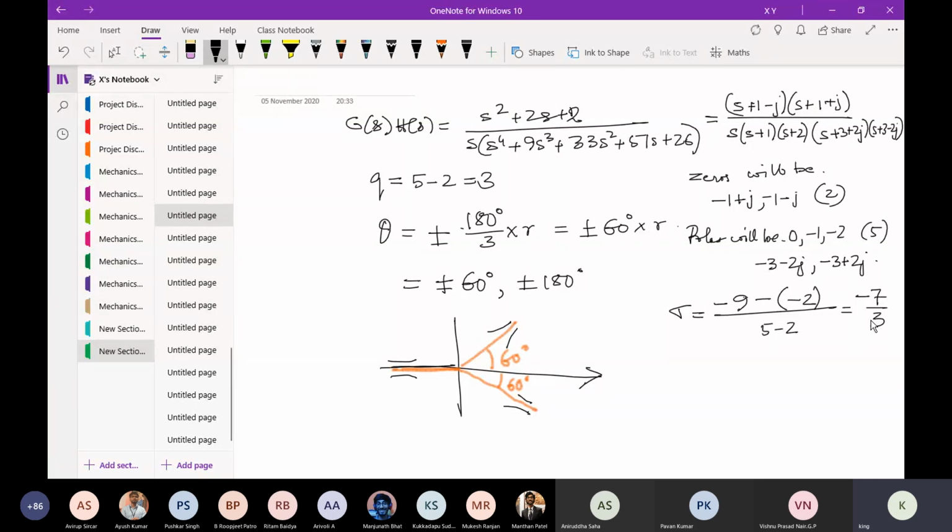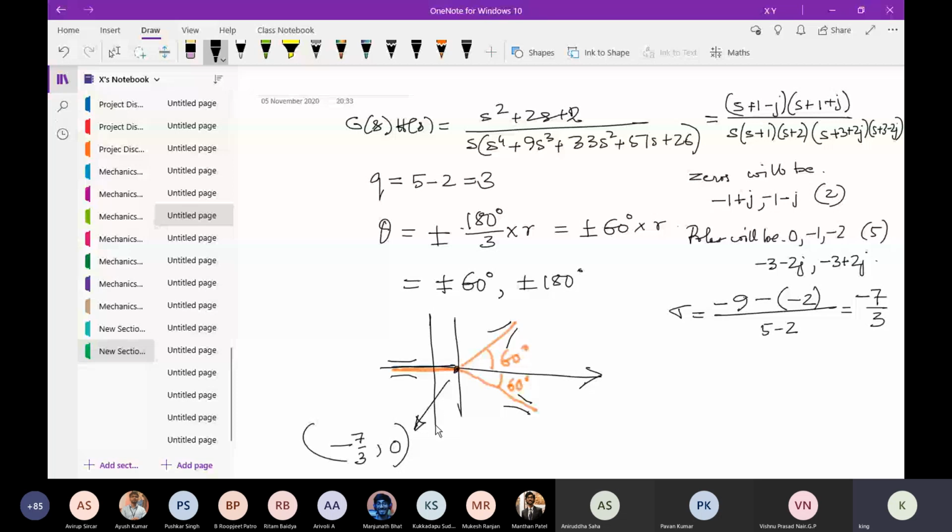So that means we are going to have an intersect. So this point is minus 7 by 3, 0.